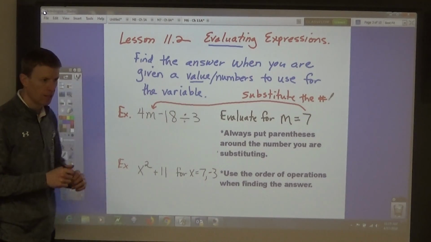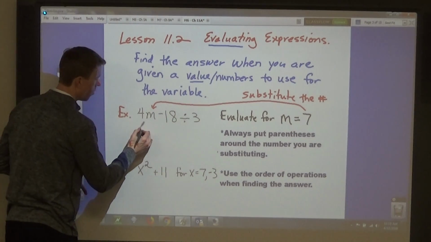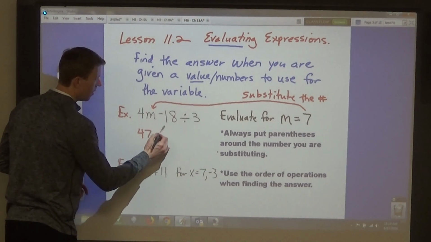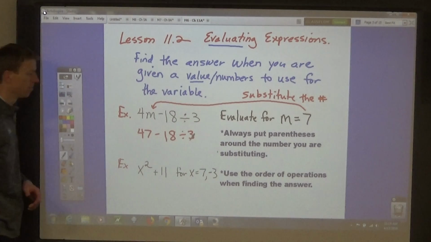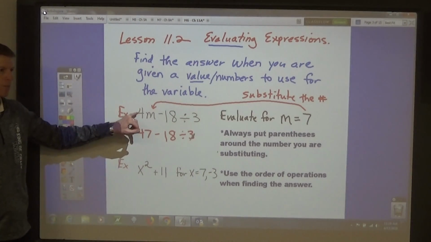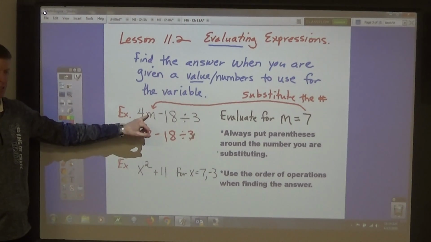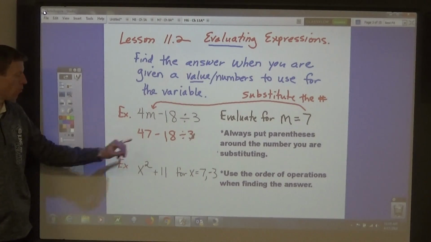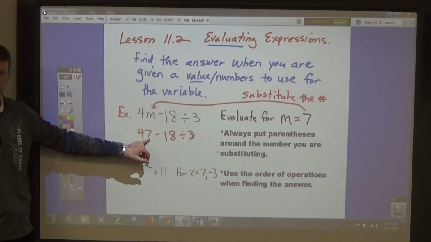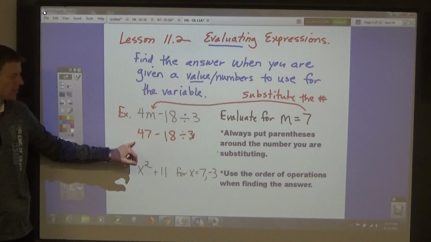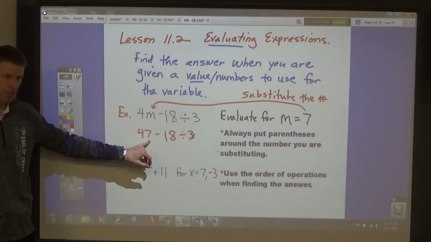Here's why. What if you didn't put parentheses around this? This says 4m. Does that mean 47? What does it mean? Multiply. Yeah, it means 4 times 7. But does this say 4 times 7?